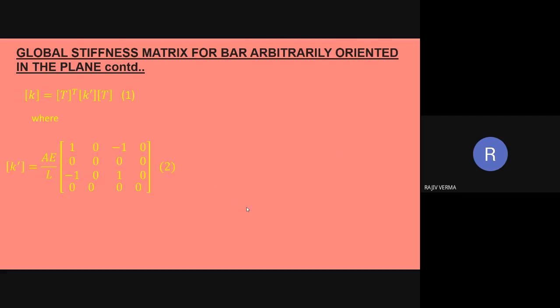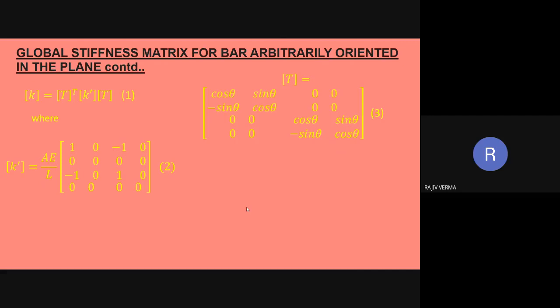Now, in this particular slide, we are going to simplify equation number 1. So we know the expression for K dash, which is written in equation number 2. We know the transformation matrix that is given in equation number 3.